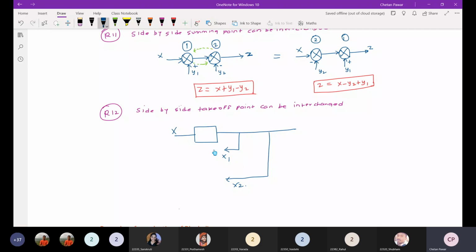So now these two adjacent takeoff points, you can do the interchanging of that. Okay, so here this takeoff point can move to this location and this takeoff point can move to this location. So like this way you can interchange the takeoff points also.